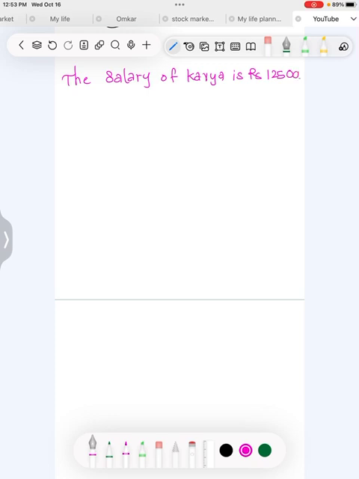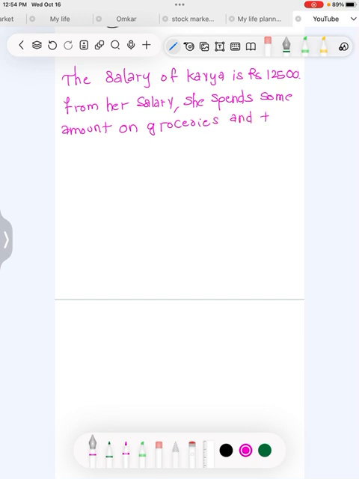From her salary she spends some amount on groceries and the amount spent on rent is rupees 2000 more than groceries.